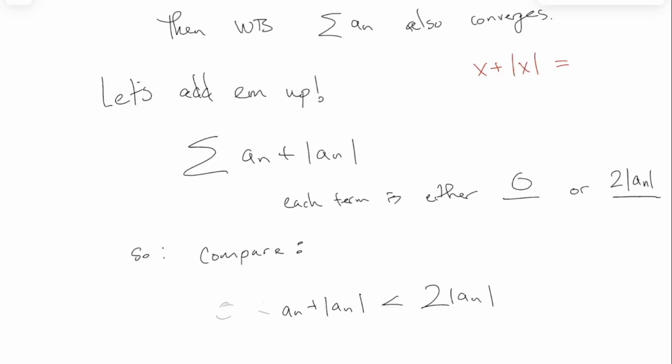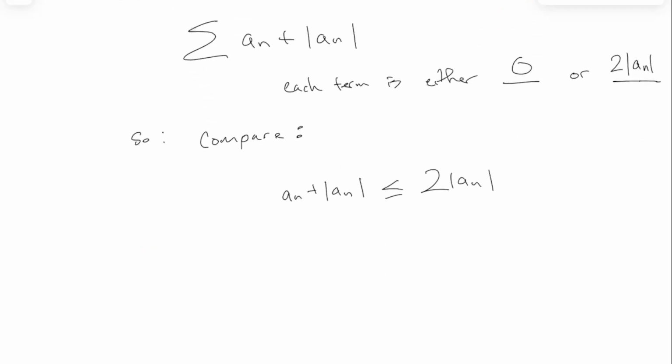Really, this right side is all that matters. And I should say less than or equal, because this left side is either equal to 2 a_n or 0. So it's definitely less than or equal. All right? But that means by the comparison test, this has the same convergence. So I can say this.